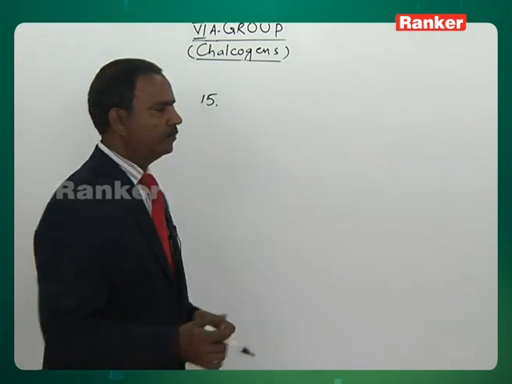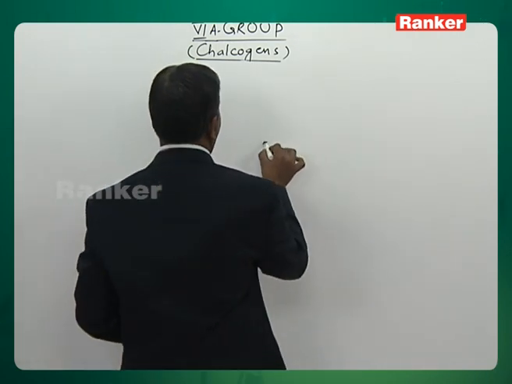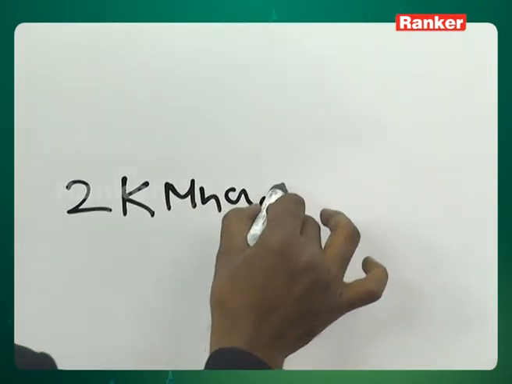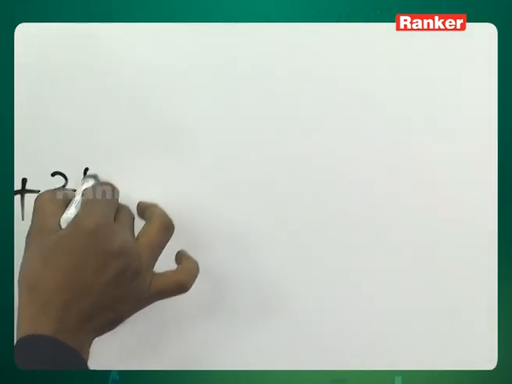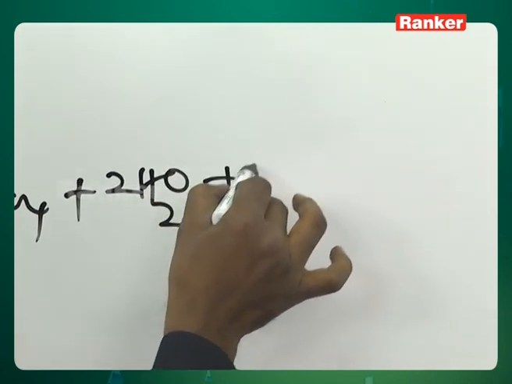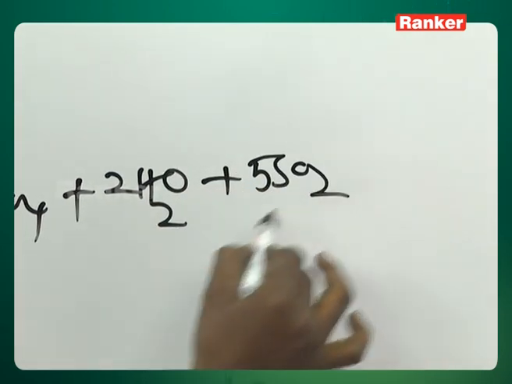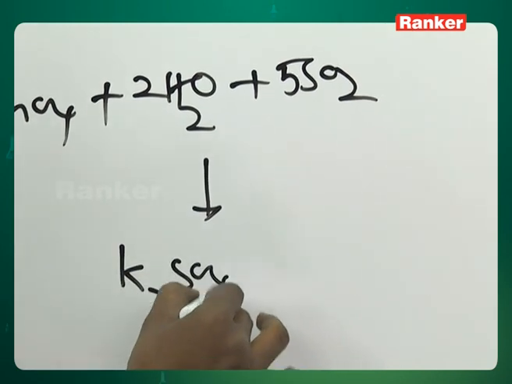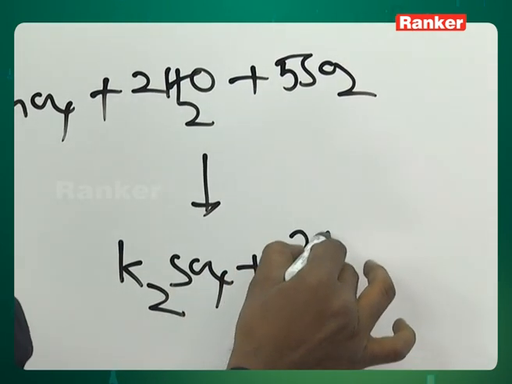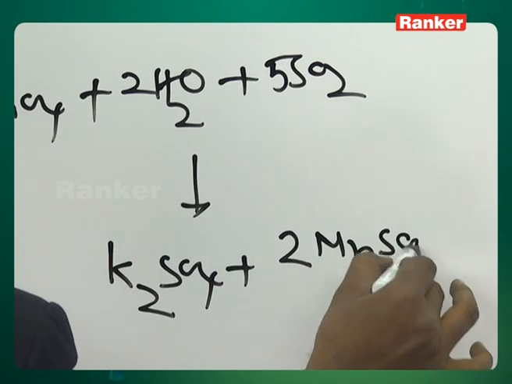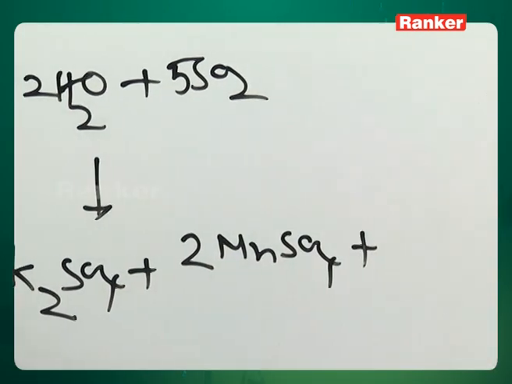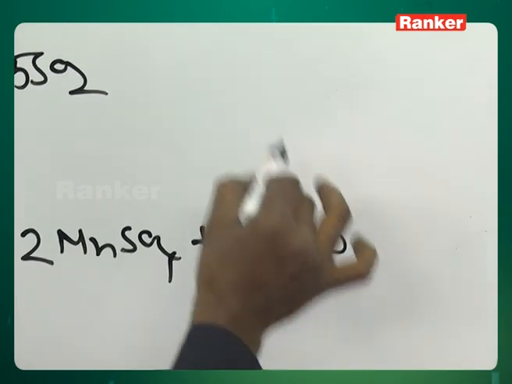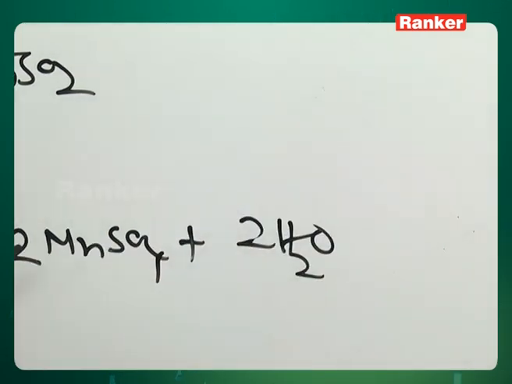Coming to KMnO4, in presence of water, 5 SO2 take, then you are getting K2SO4, 2 MnSO4, and 2H2O, 2H2SO4.